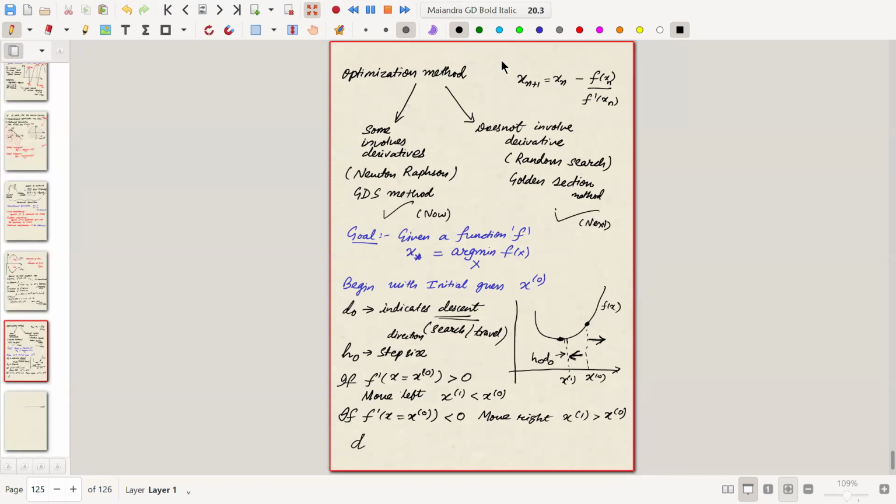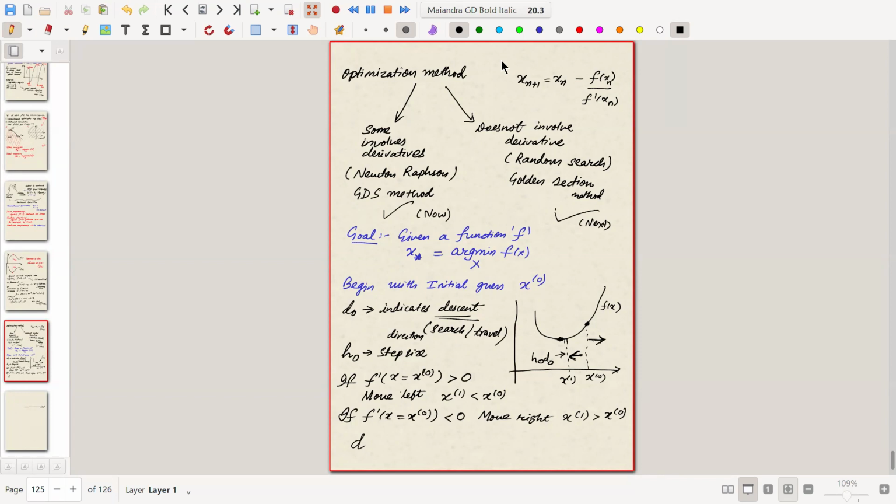Are you getting it? No? Okay. If f prime of x is greater than 0, you're moving left. Yes, this is positive, left is negative, right?